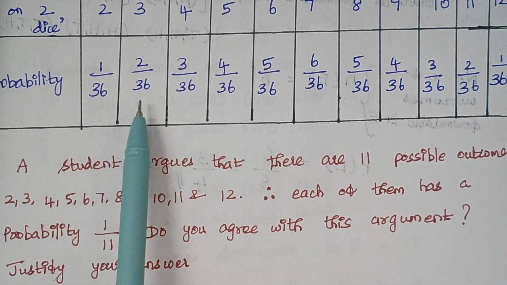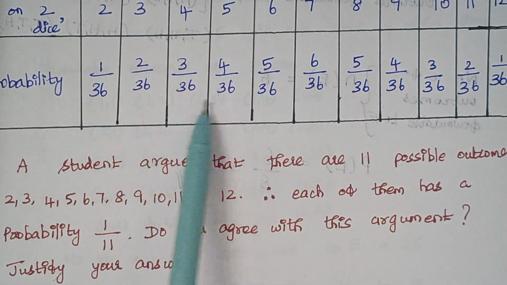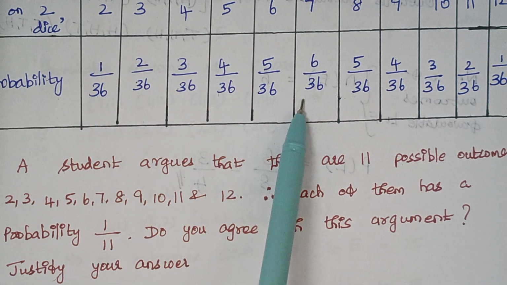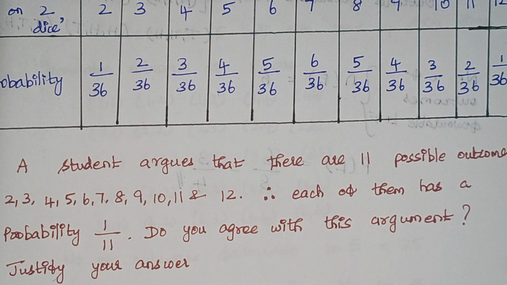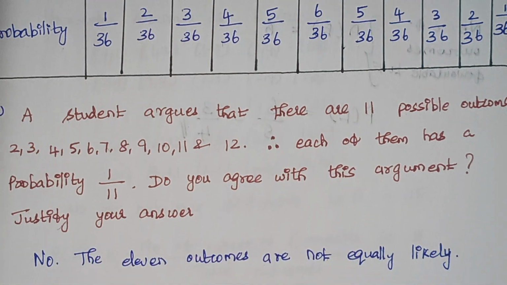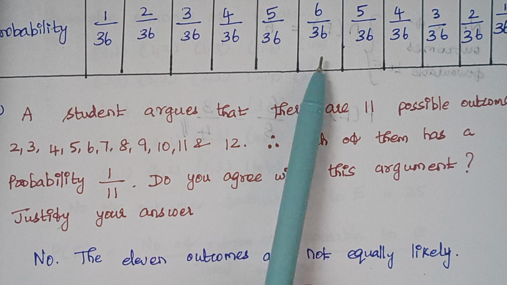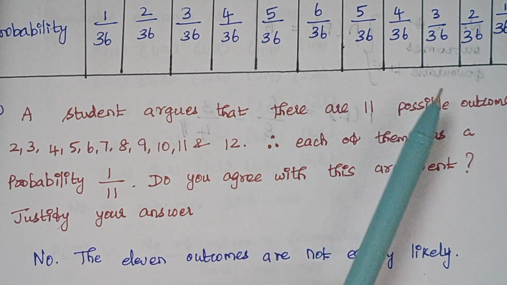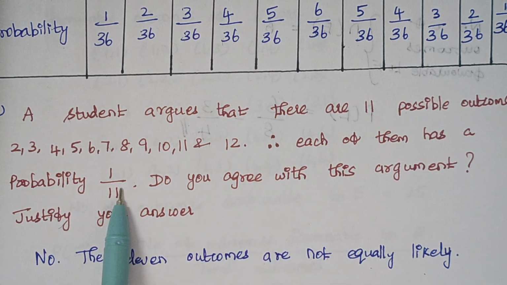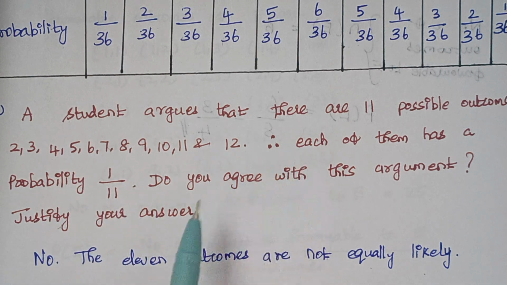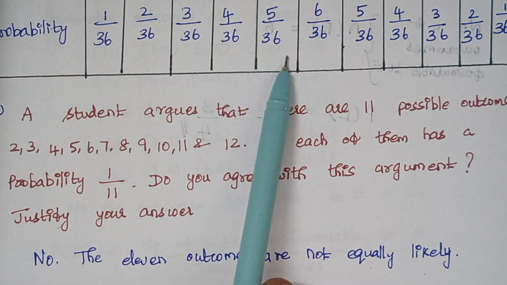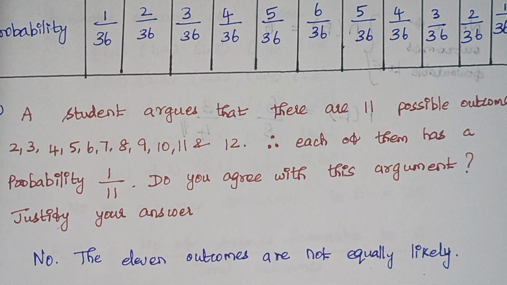Because if all these columns had the same values, then it would be said to be equally likely. So the reason is the 11 outcomes are not equally likely because we have different values as the probability ratio. Therefore this statement is wrong because all these events are different events. So that is what is said here: the 11 outcomes are not equally likely.